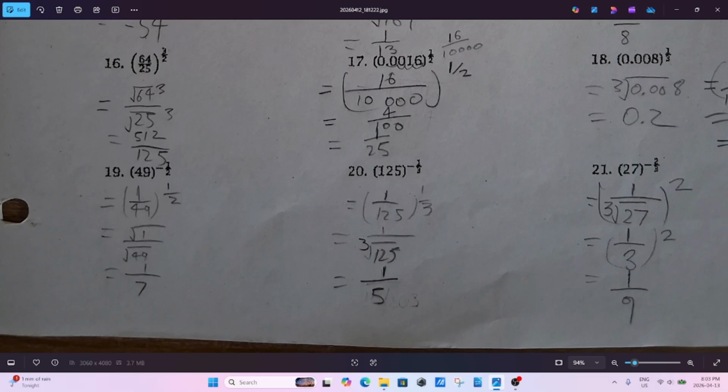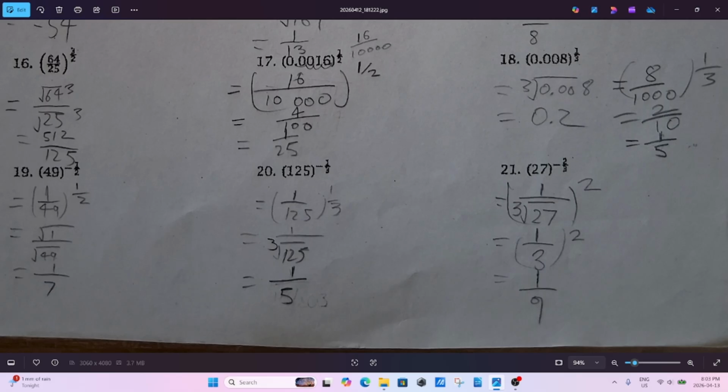Question 20. 125 to the exponent negative 1/3 is equal to 1 over 125 to the exponent 1/3, which is equal to 1 over third root of 125, which is equal to 1 over 5. 21. 27 to the exponent negative 2/3 is equal to 1 over the third root of 27 squared, which is equal to 1 over 3 squared, which is equal to 1 over 9.